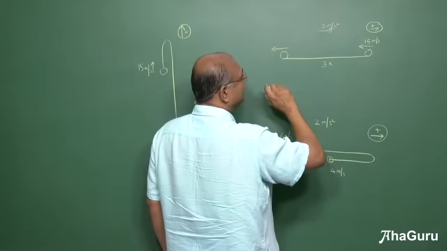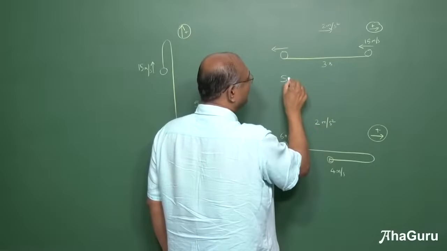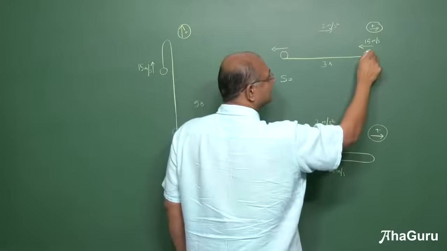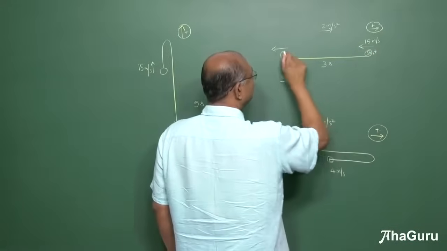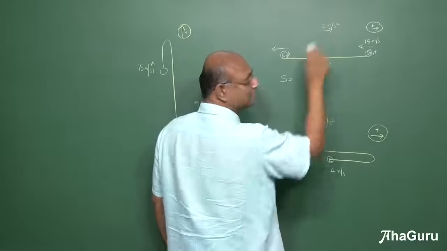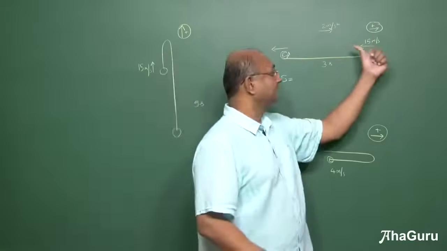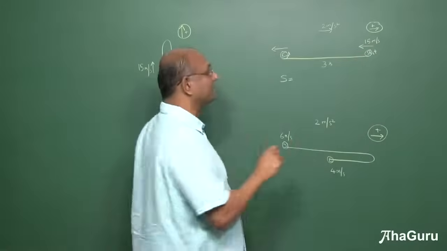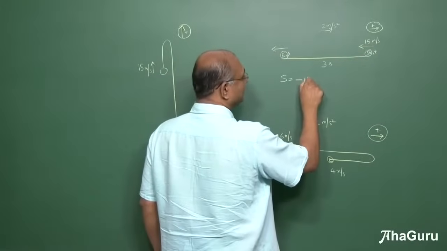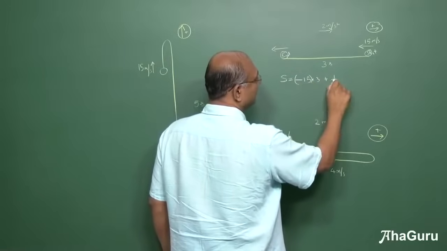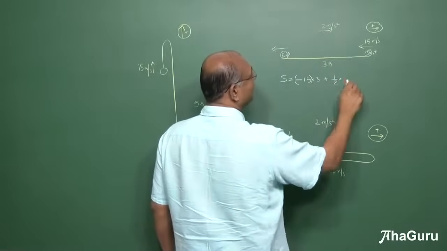So first thing that I need to do is I can use the formula to find displacement. Let us use the formula. This is the starting, this is the ending. So that means this must be U. What is the sign of U? That is the plus direction. What is the sign of U? Minus 15. So minus 15 into 3, ut plus half into A.